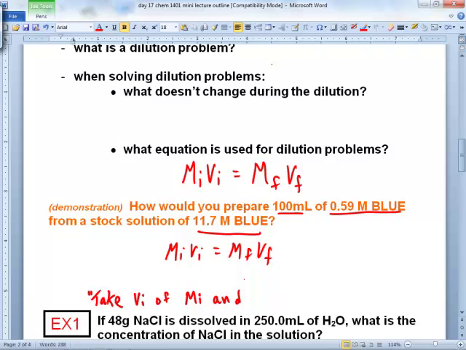Now we're going to put numbers in for this stuff once we get it, but take Vi of Mi and dilute, that means just add water, to what volume? With our little equation, we're going to say dilute to Vf to get Mf.